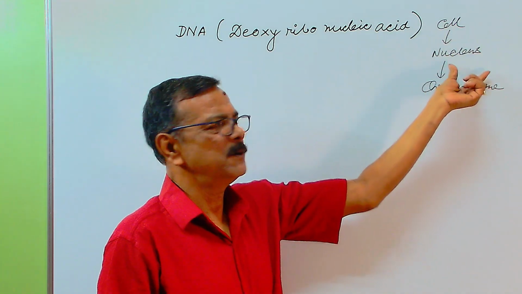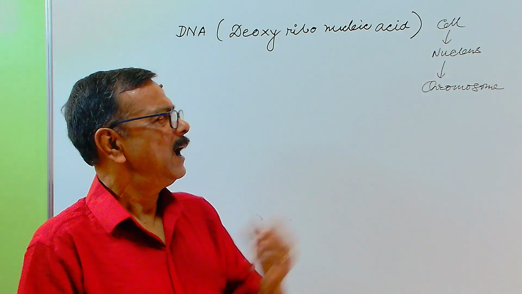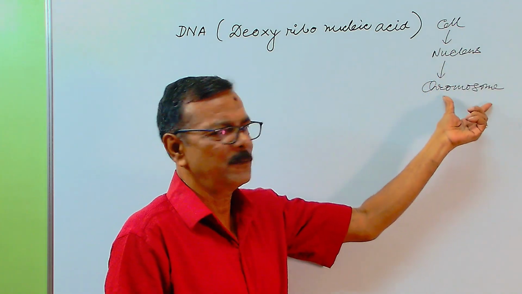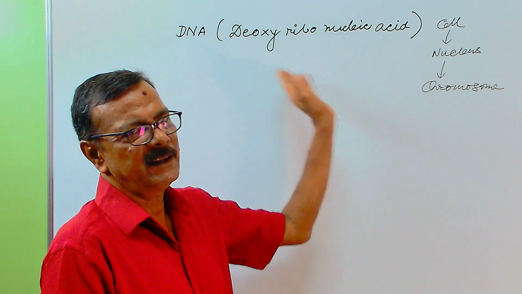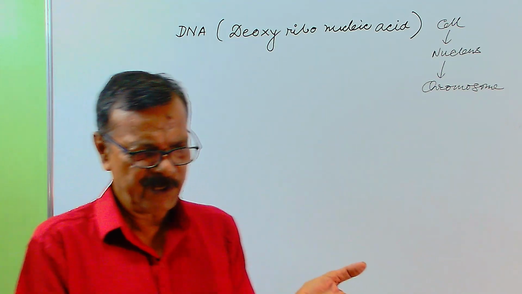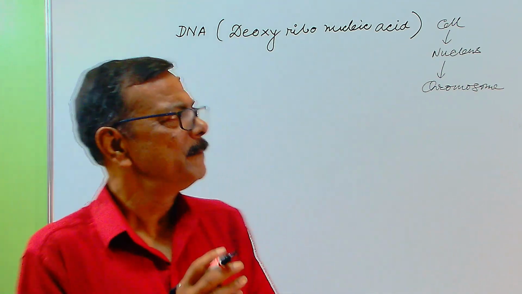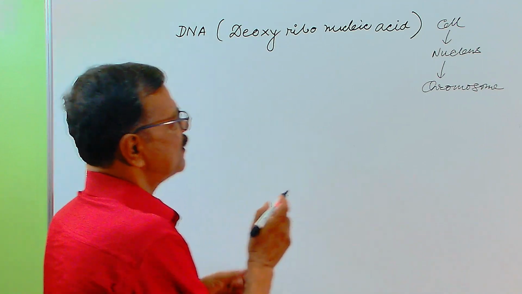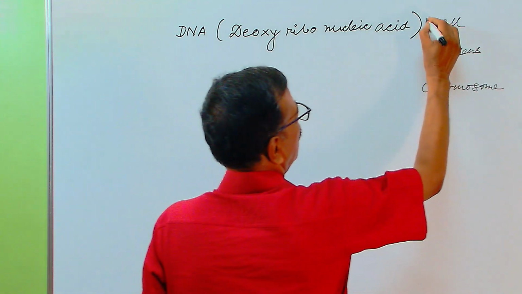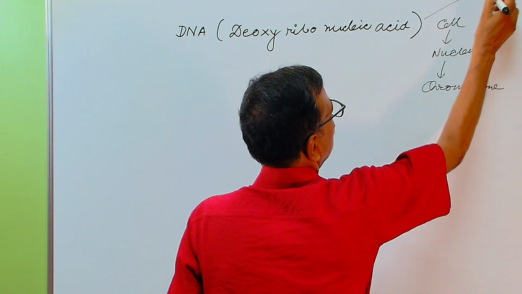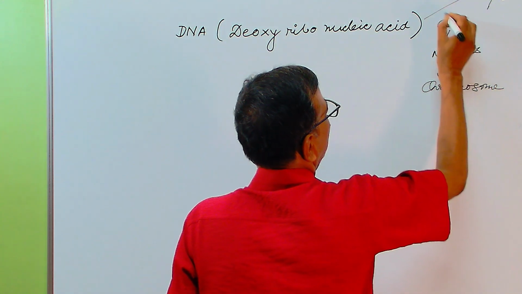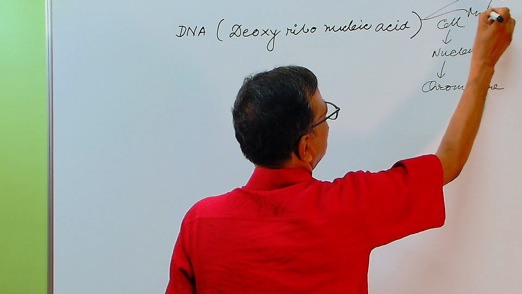Within the cell there is a nucleus, and within the nucleus there is a chromosome, and within the chromosome the DNA or genes are situated. But DNA is also found in chloroplast and in mitochondria also.